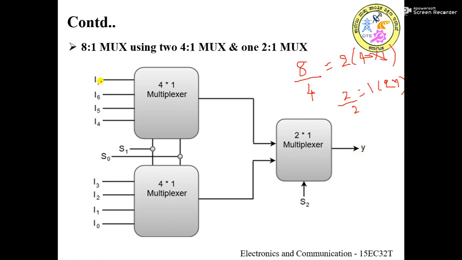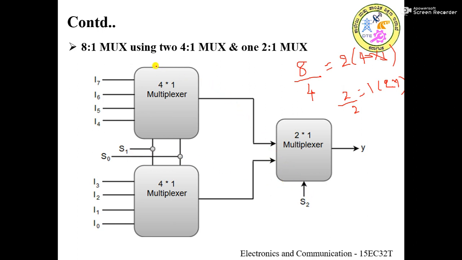If you count the number of inputs here, they are written in reverse order. Actually you can start naming the literals right from I0 here, I0, I1, I2 till I7. And these are the select inputs S0, S1 and S2.